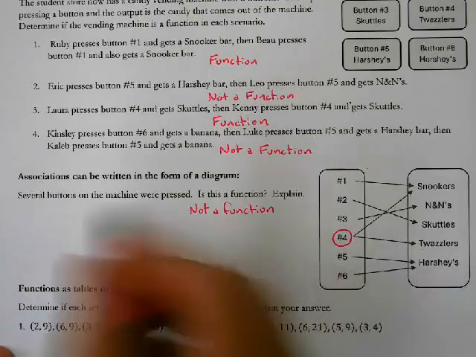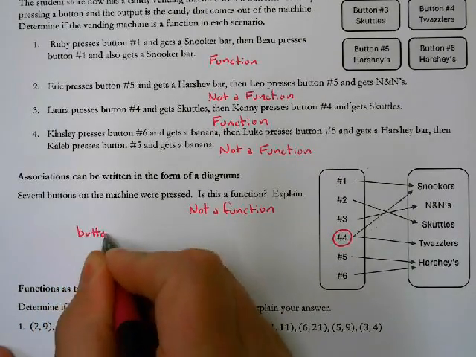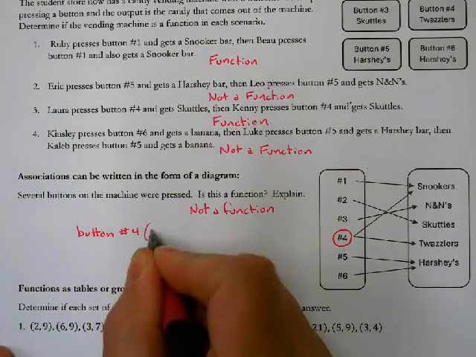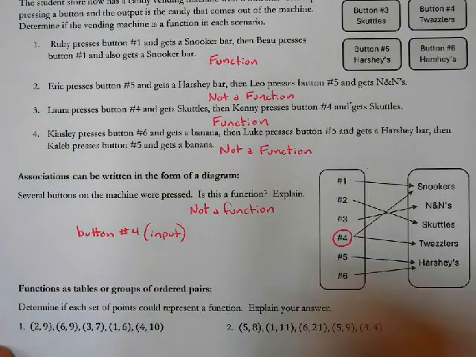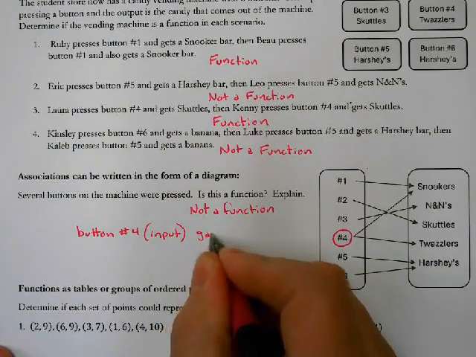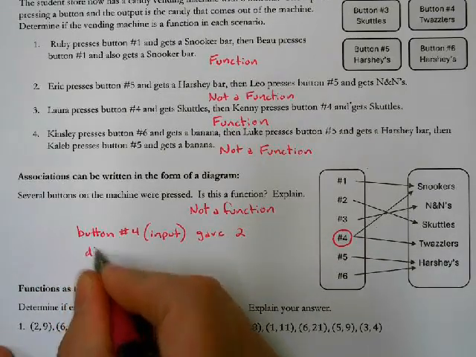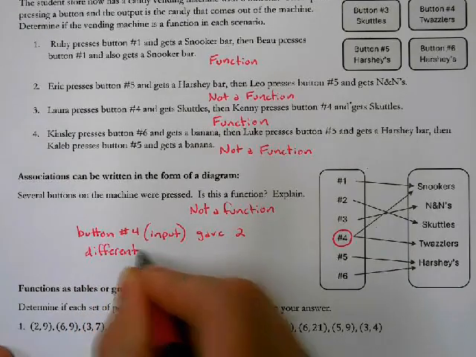So button number 4, which we would consider our input, gave 2 different candies.